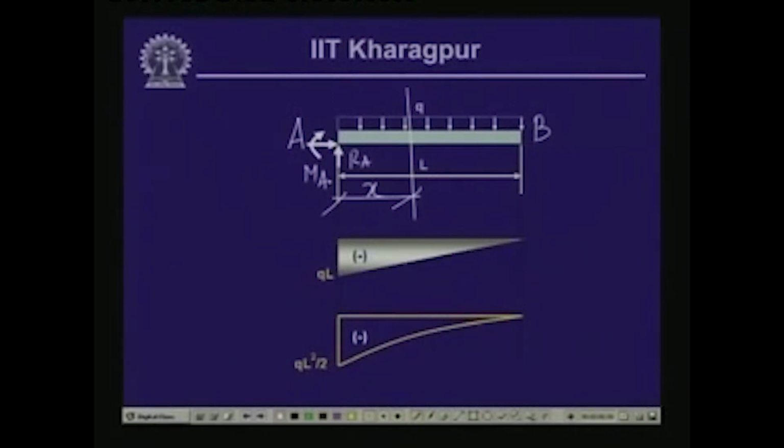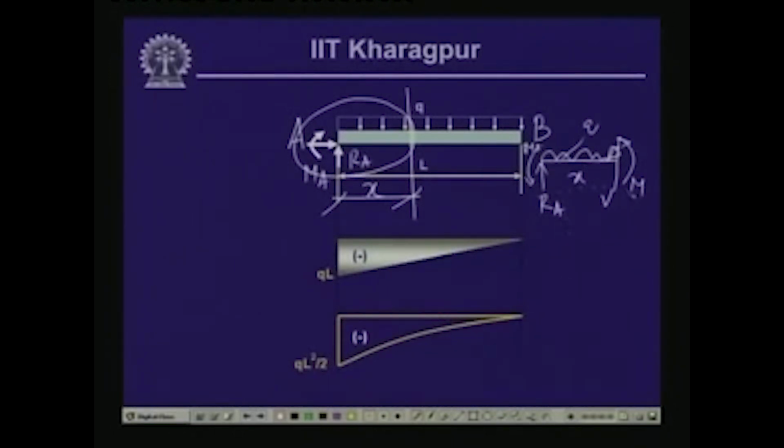Ra, as we have seen, is equal to Q times L, and moment Ma is equal to QL square by 2. Now if we take the free body diagram of this particular part, we have Ra, we have Ma, we have the uniformly distributed load Q, here we have the shear force V, here we have the moment M, and this is at a distance of x.